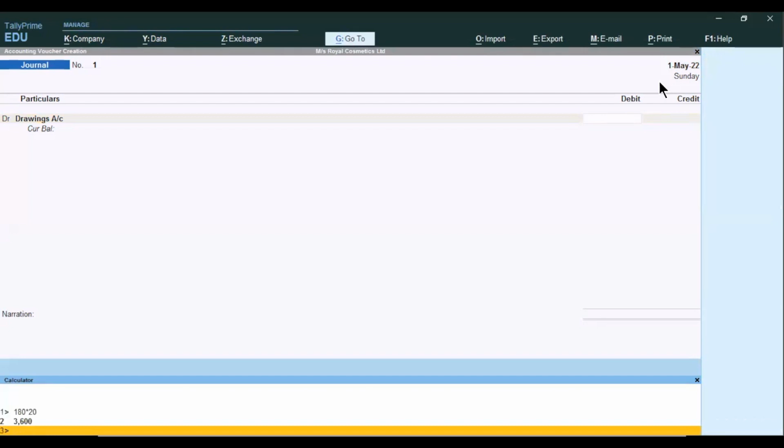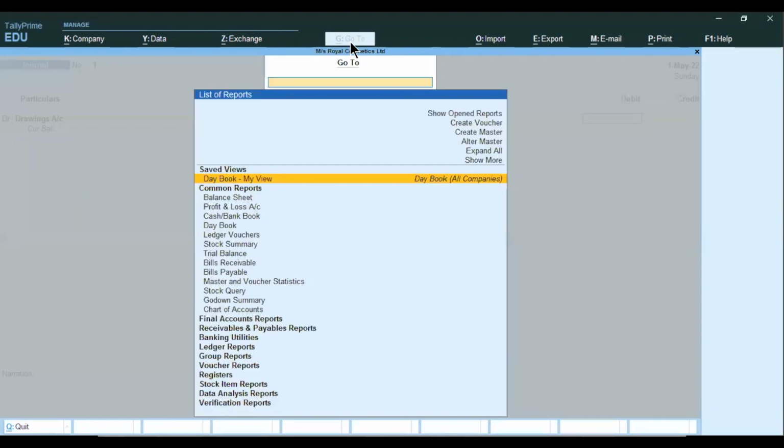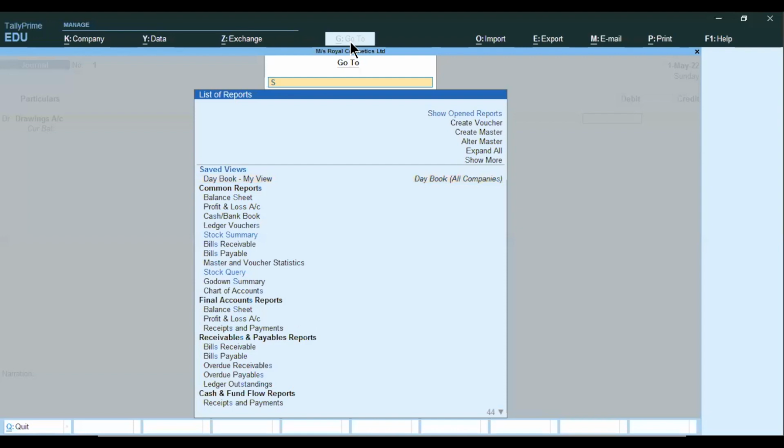The amount comes to 3600. How to find out the rate? As we are in the entry part, we don't want to get out of this entry, and at the same time we would like to check the rate of the stock. How to do it? Press Go To, and here type stock summary.